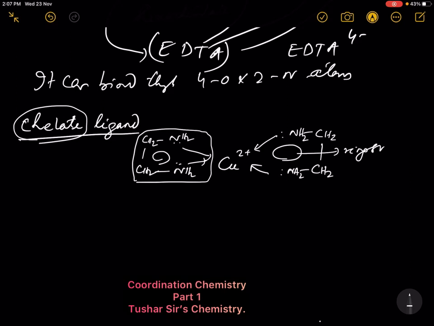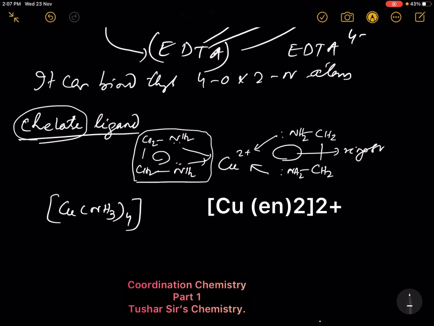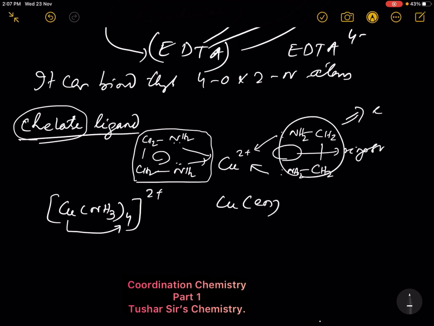Chelating ligands form more stable complex compounds. You see in [Cu(NH3)4]2+, the coordination number of copper is 4, and in [Cu(en)2]2+, why en 2? 2 ens are there, and here the coordination number of Cu2 plus is 2 times 2, as it is bidentate, equal to 4.